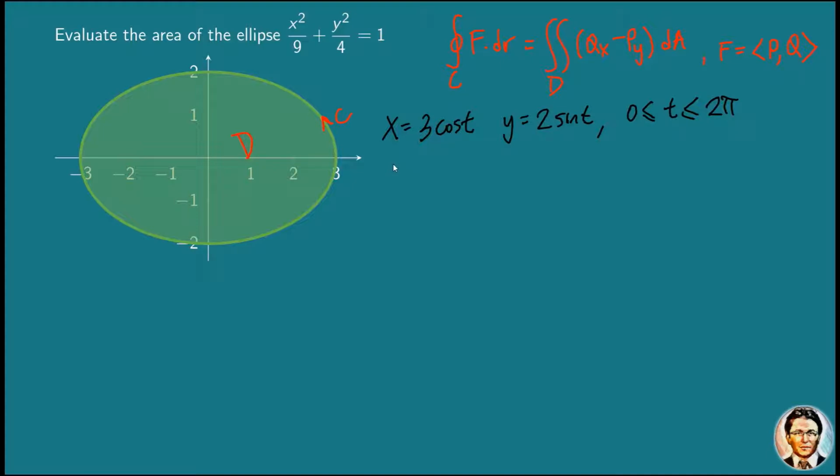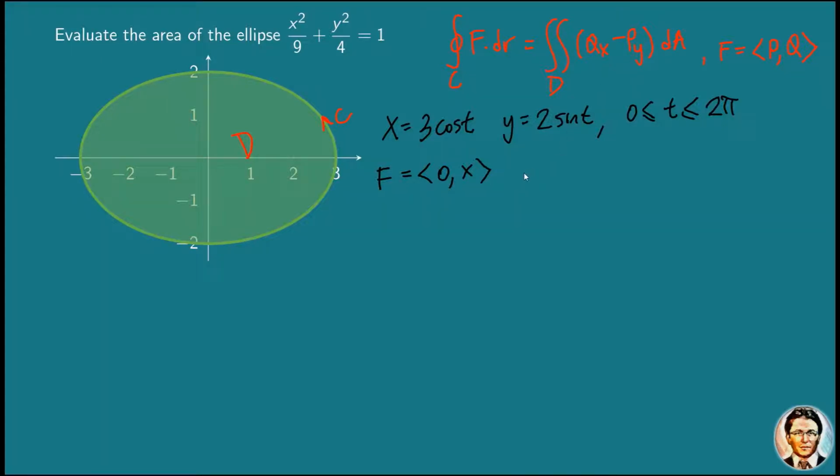What about the vector field? For the vector field, we may say F is equal to (0, x). Then Qx will be 1, Py will be 0, so Qx minus Py is 1.